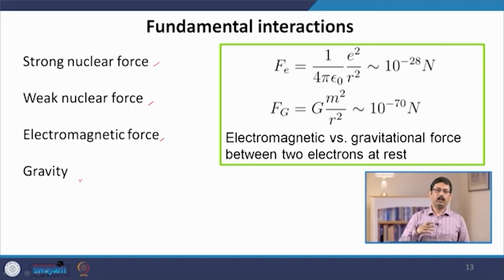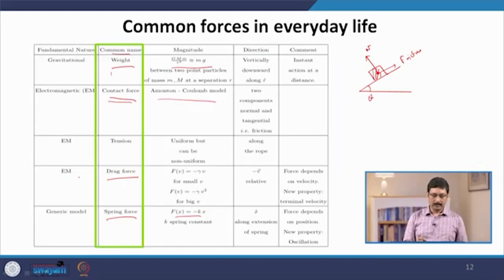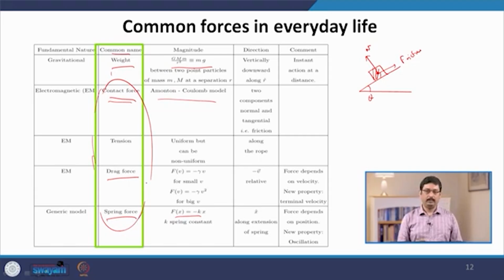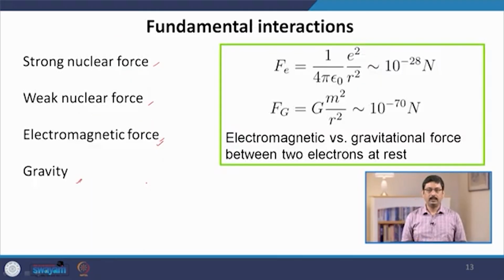Outside the nucleus, at atomic size onwards, all the forces are either electromagnetic force or gravity. So in our list, all these forces except the weight of an object basically come from the electromagnetic interactions due to electrical charges and electrical currents.